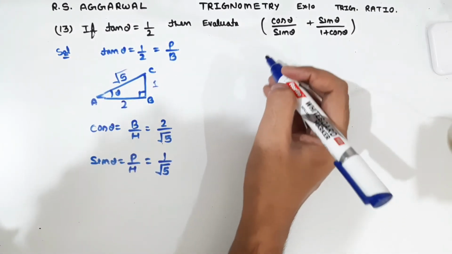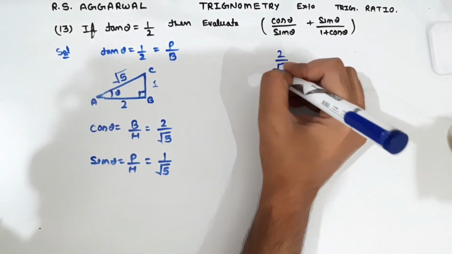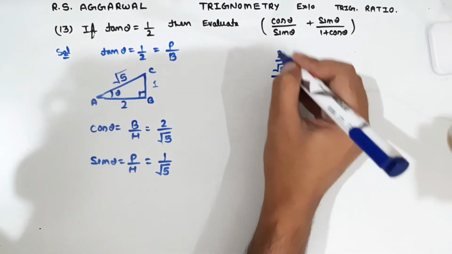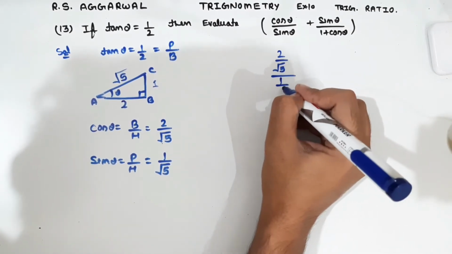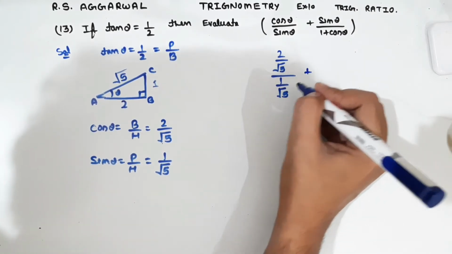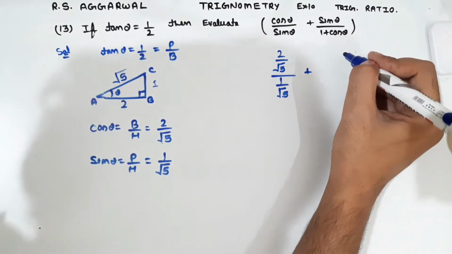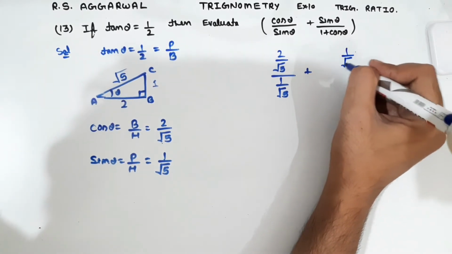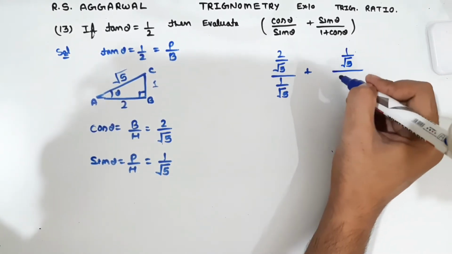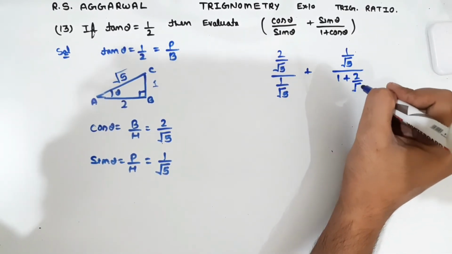Now putting value here, cos theta is 2 upon root 5 upon sin theta is 1 upon root 5 plus sin theta is 1 upon root 5 upon 1 plus cos theta is 2 upon root 5.